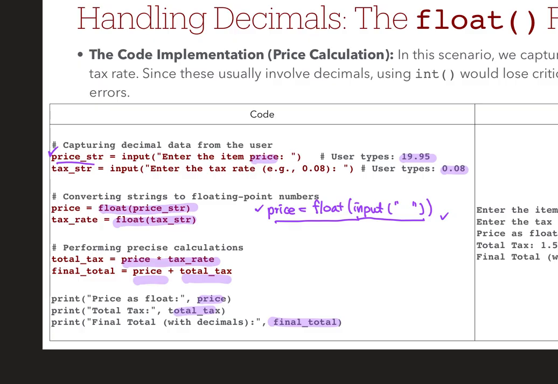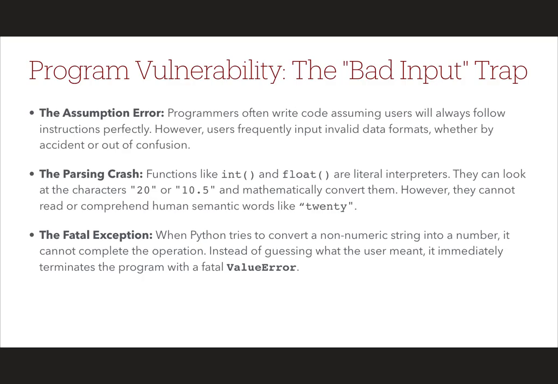Okay, but sometimes that code might have some problem, okay? Because programmers often write code assuming users will follow the instructions perfectly, but that's not the case in many situations, okay?